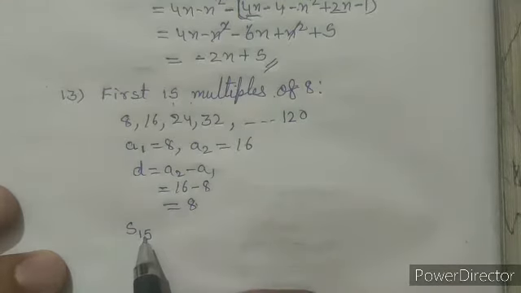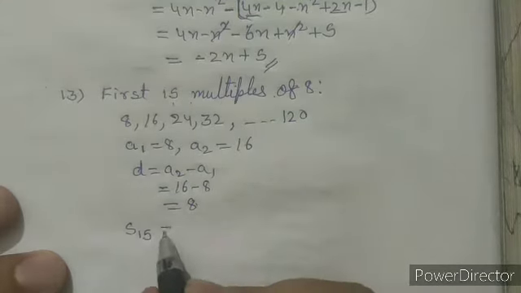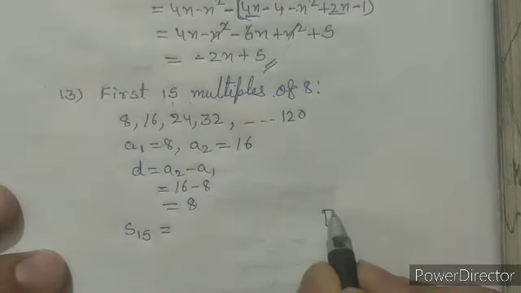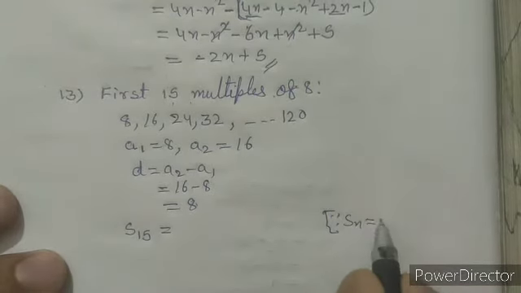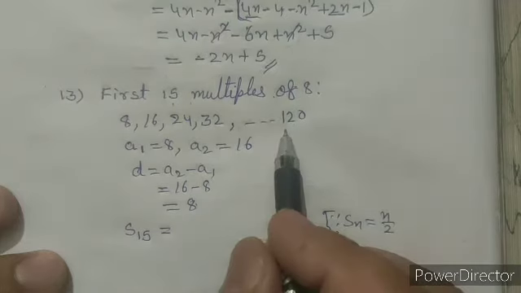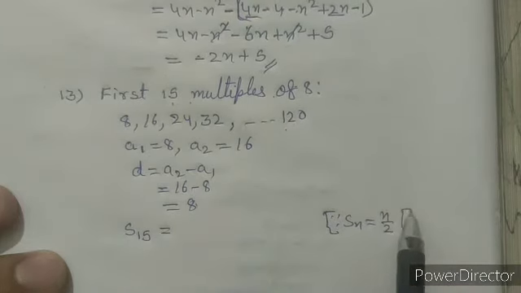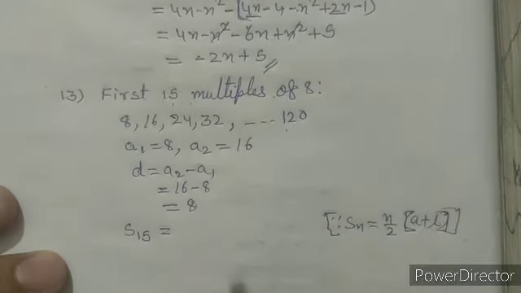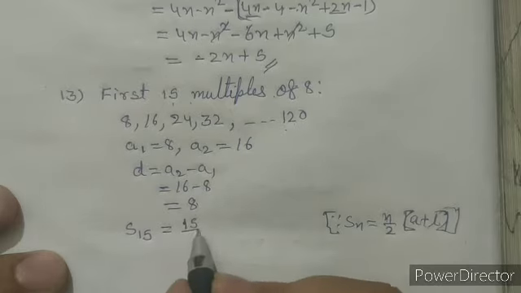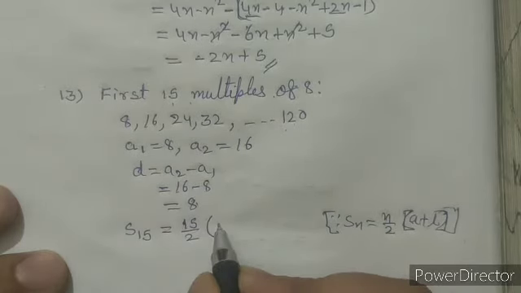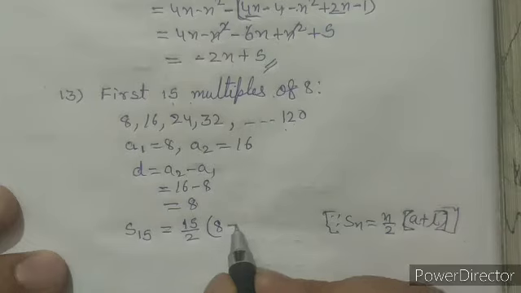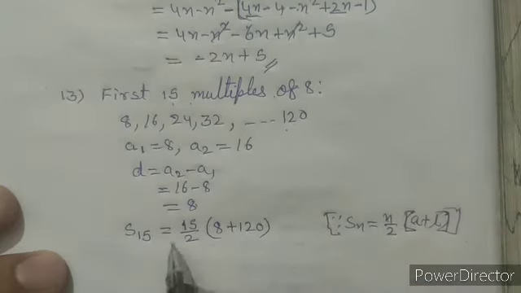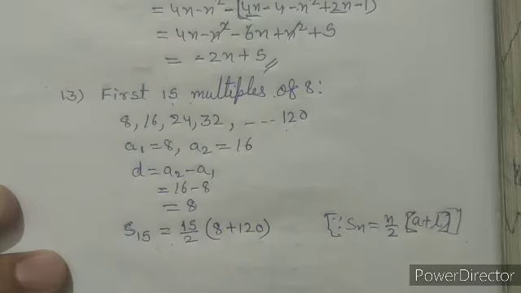So here n will be 15. So S15 will be, now from the formula Sn equal to n upon 2, here the last term is known to us, so we will use the formula n upon 2 into a plus l. So it will be 15 upon 2 into a. A was 8 and L was 120, and the solution of this will give us the sum of the first 15 terms.